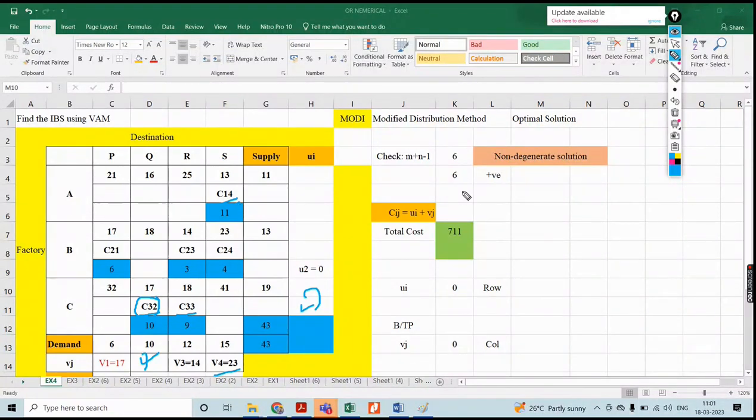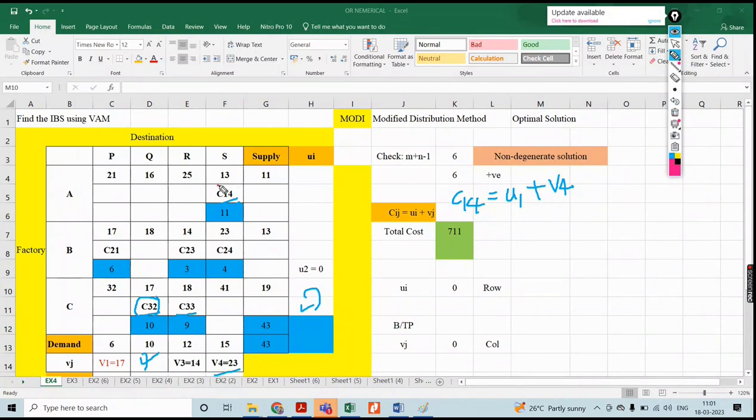Because C14 equal to what? U1 plus V4. Is this correct? Raise your hand. Okay, what is this C14 value?